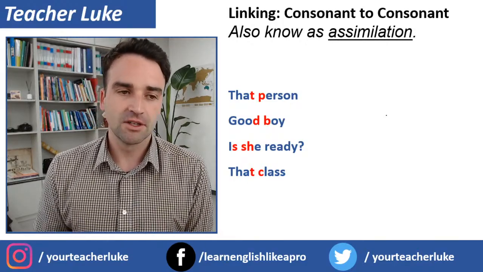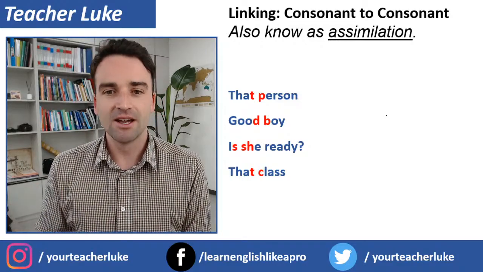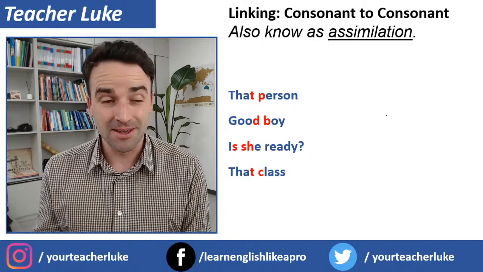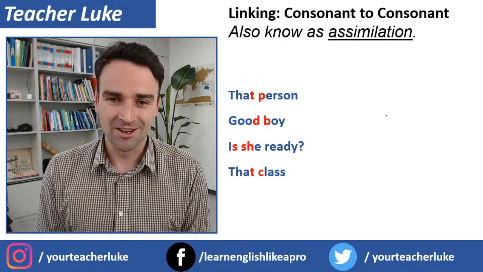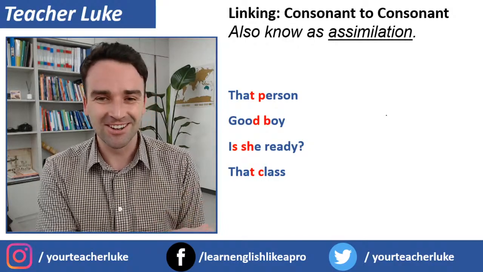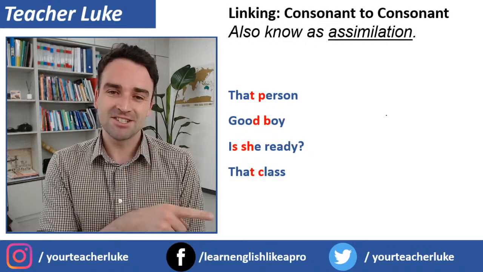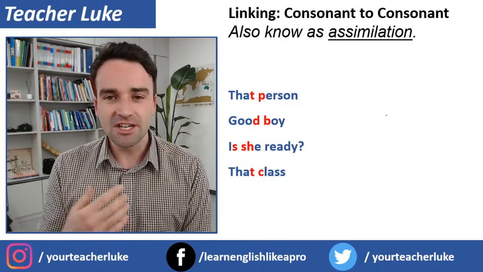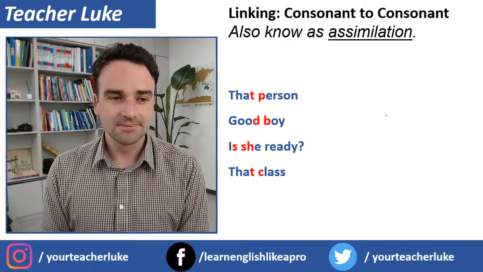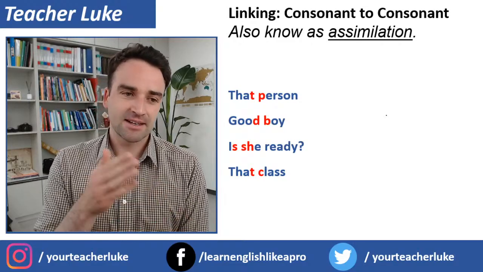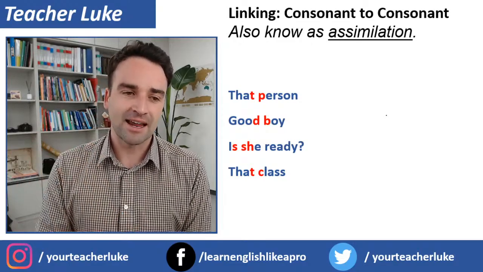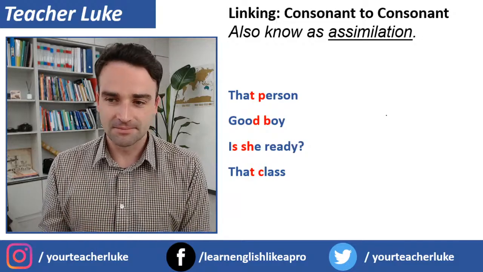Next one, good boy. You say good boy, good boy, to a dog, normally. Good boy or good girl. And then we have, is she ready? Is she ready? And then that class, that class.